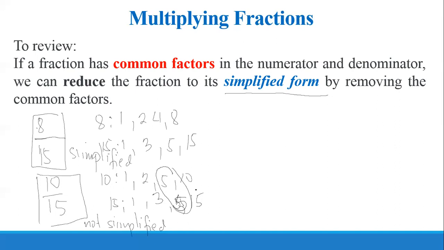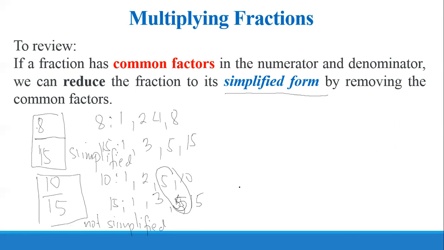So, you can simplify first before you multiply fractions. Okay po, para mas madali. Kesa yung multiply mo muna, lumaki na yung sagot bago mo pa siya i-simplify. So, pwede mo na siyang i-simplify before you multiply two fractions. This is just to make your work easier. Mas madali kasi yung simplify mo muna bago multiply.